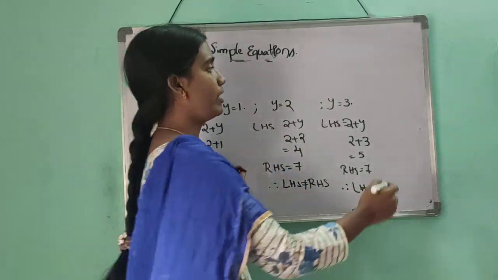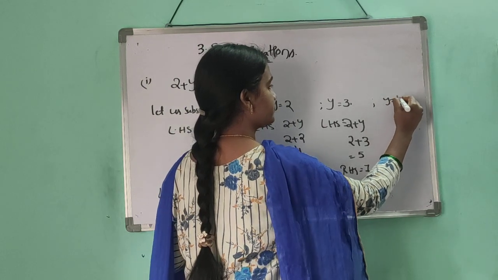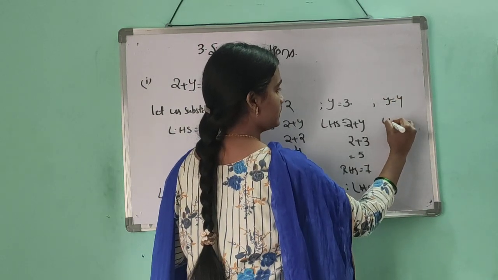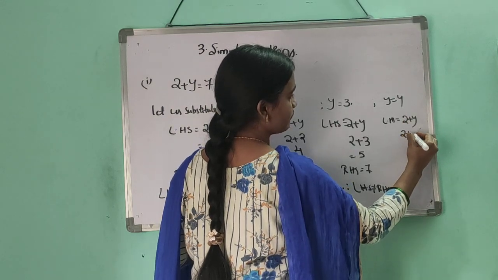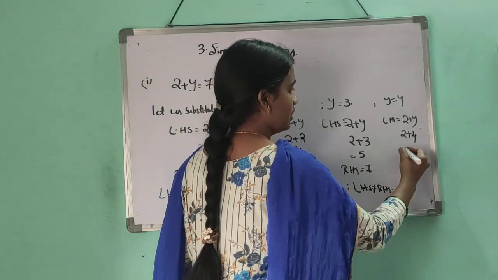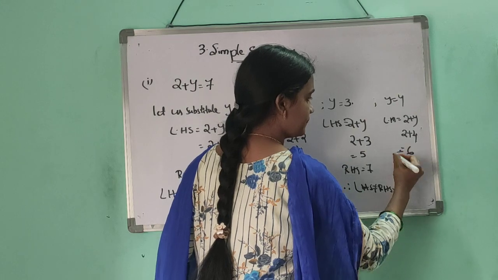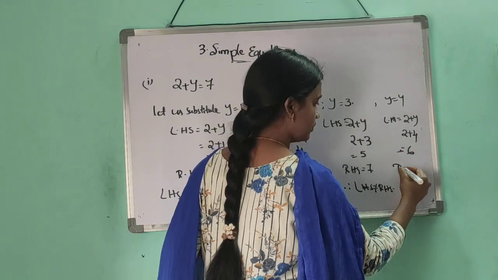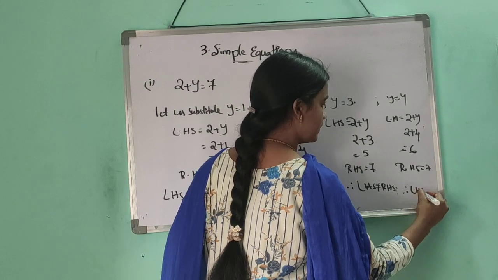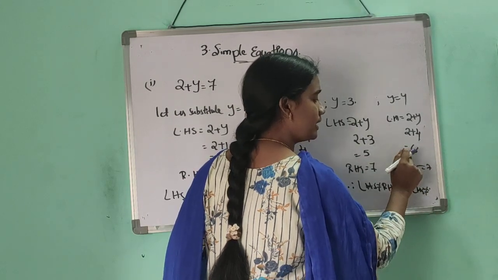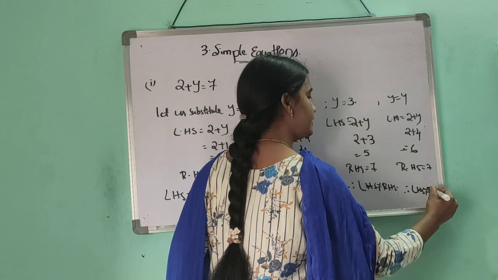Let's go with y value 4. LHS equal to 2 plus y, 2 plus 4, that means 6. RHS is equal to 7. Here also LHS is not equal to RHS.